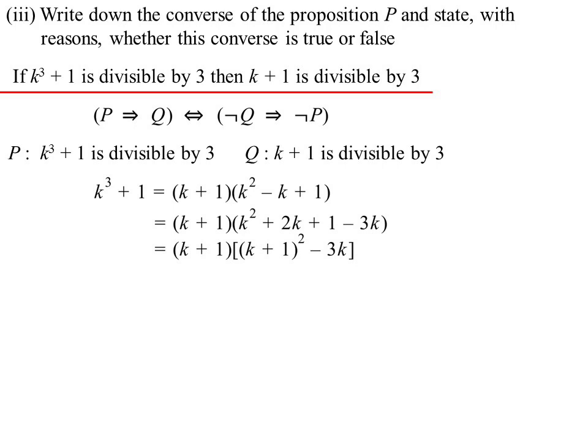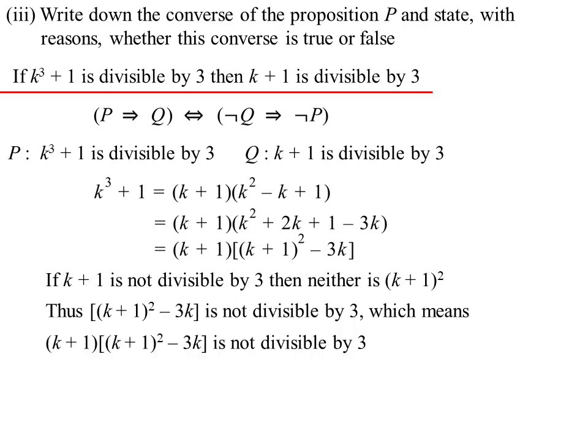Why did I do that? Well, I'm proving the contrapositive, so I'm going to say k plus 1 is not divisible by 3. But then (k plus 1) squared can't be divisible by 3 either, because if I square it, the factor of 3 isn't going to magically appear.